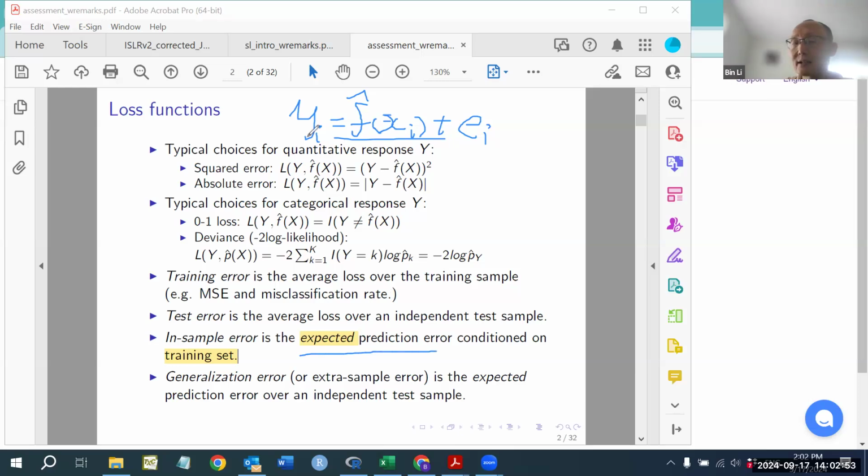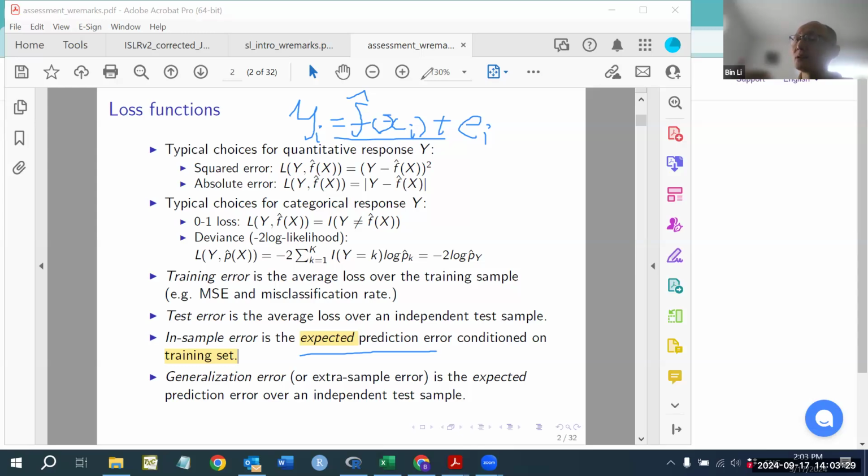The reason is that we can still fix the x_i. So the x value doesn't change in the training set, but now I regenerate the y, given those x are fixed. In other words, we have another set of data with the same x values as the training set, but the y is regenerated.